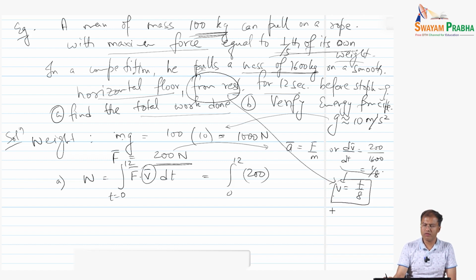Plugging v = t/8 into the integral and integrating, we get 1800 joules of work done by the man.